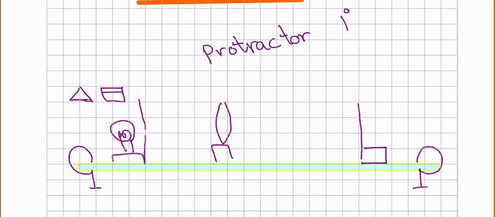Three of them you need to make sure are placed perpendicular to the bench or the table that you are using, and the center of the lens and the object should be at the same level, or you can say the object and the lens are the same height above the bench.